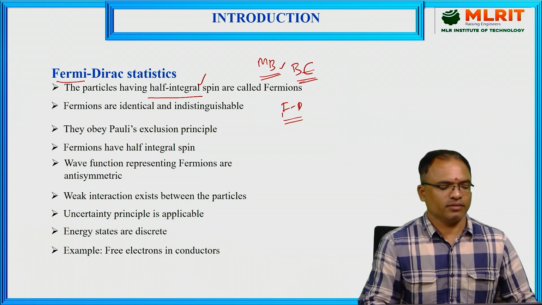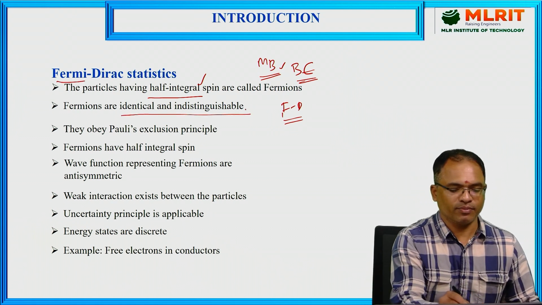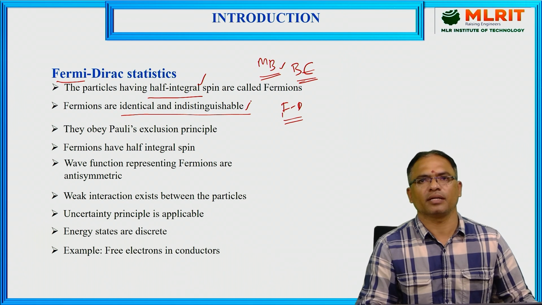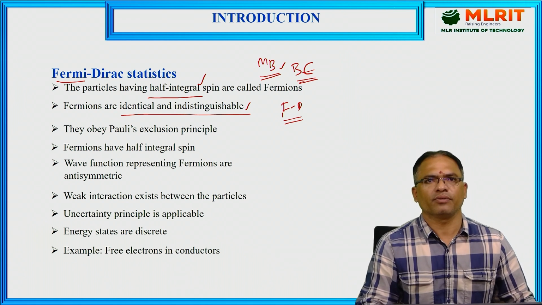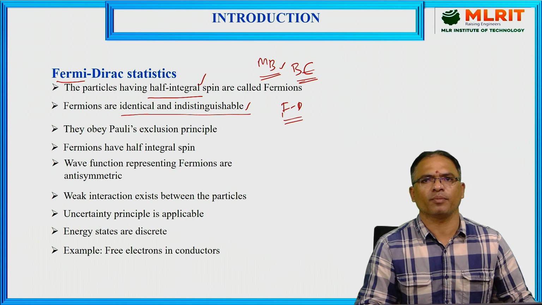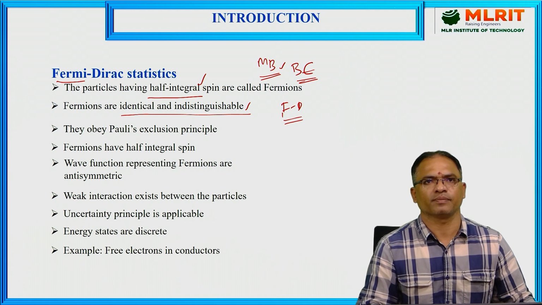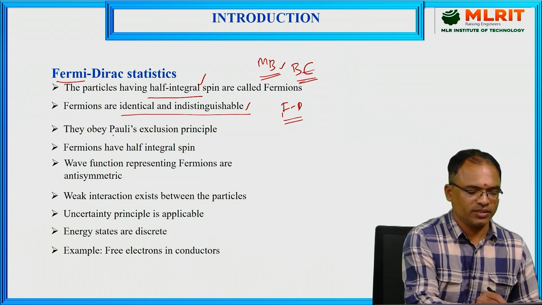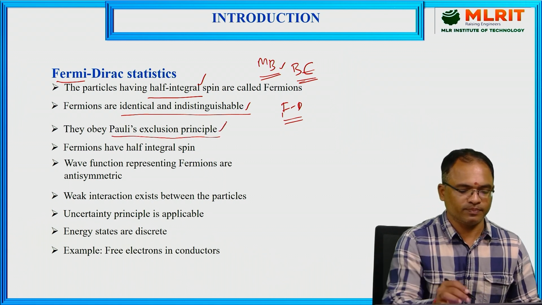Fermions are identical and indistinguishable. Indistinguishable means even though the positions of particles are interchanged, the properties of the system do not change. That is why fermions are said to be identical and indistinguishable, and these fermions obey Pauli's exclusion principle.